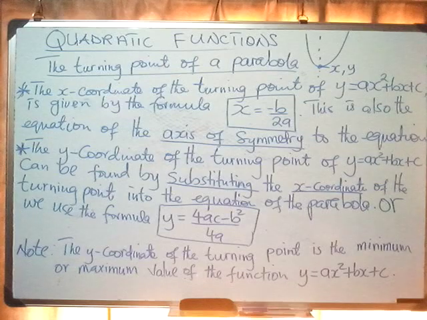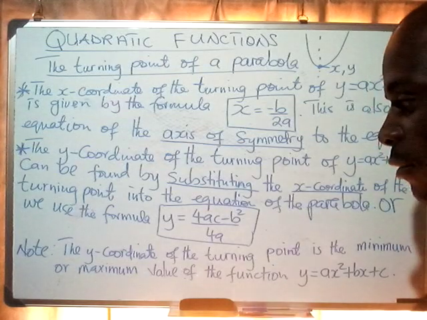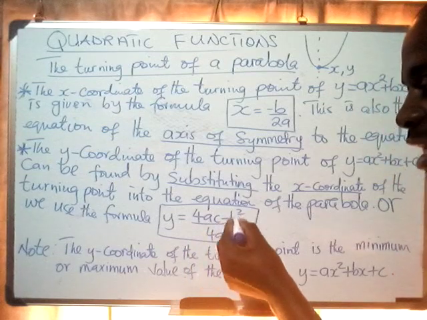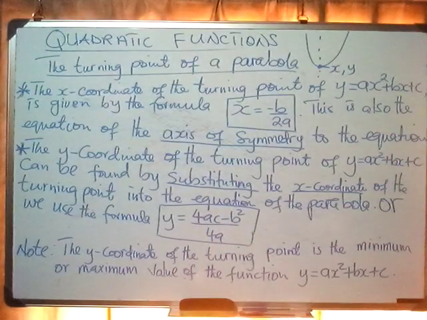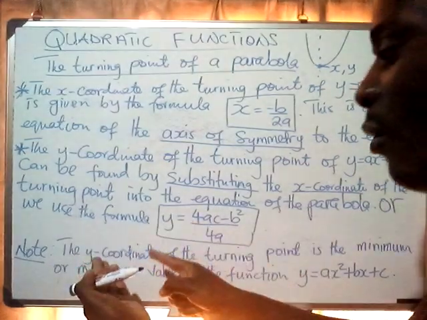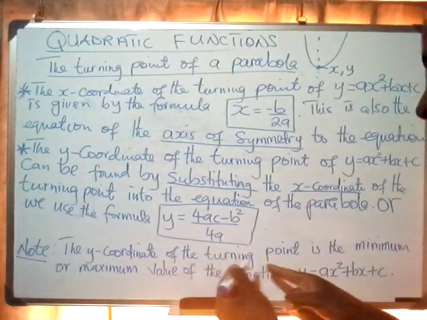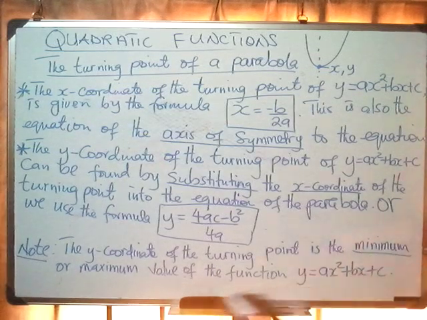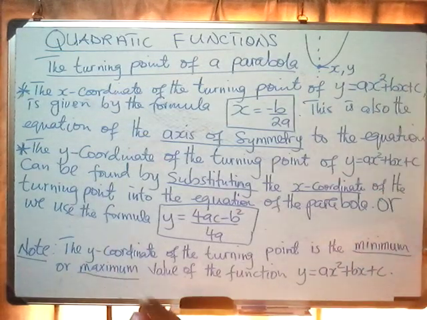Or you can use the formula, which is y = (4ac - b²)/4a. Note that the y coordinate of the turning point is the minimum or the maximum.